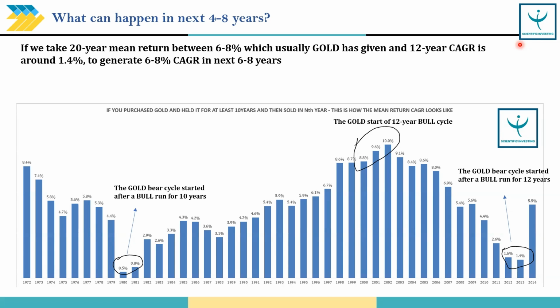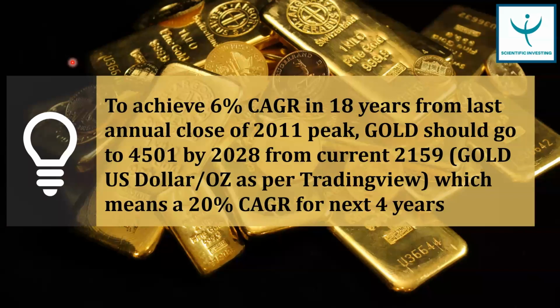But if it plays out, how much money could be made if we use all these examples? So let us say there is a 6% CAGR to be generated between 2011 to 2031, and looking at what return it has generated till 2024, if we take the 20-year mean return between 6 to 8%, which gold usually has given, and the last 12-year CAGR being around 1.4%, then to achieve this 6% CAGR in 18 to 20 years, gold might need to do some 15-20% CAGR.